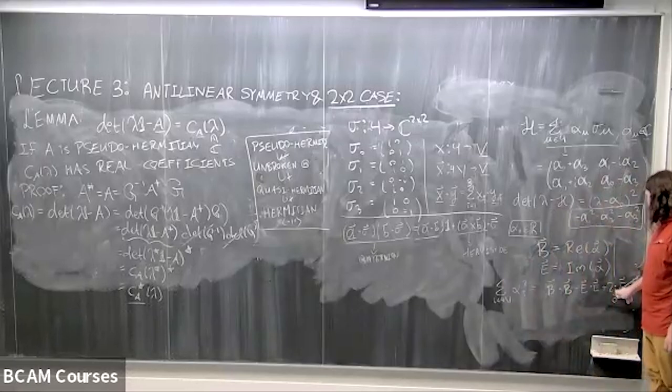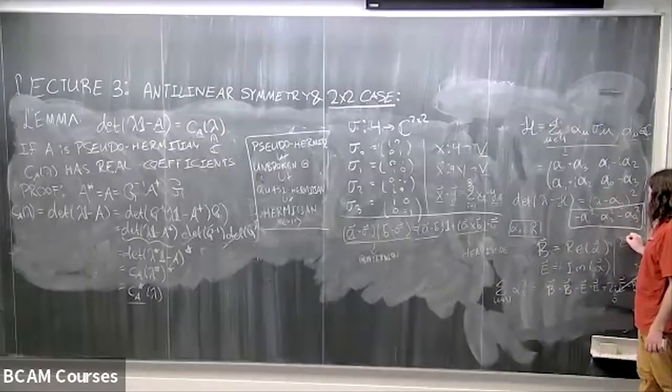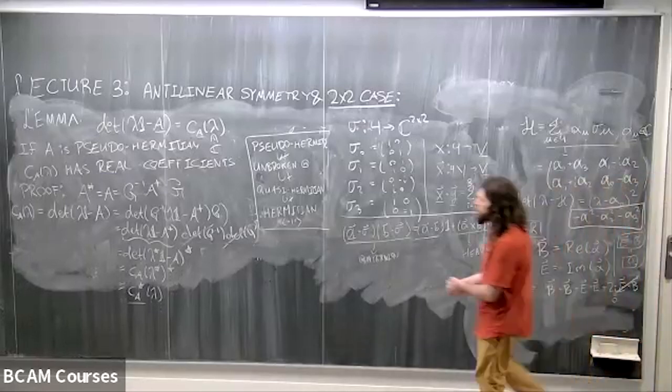If this imaginary term is there, you'd run into a problem. So the way that you can impose that this quantity is a real number is to have orthogonal electric and magnetic fields. So this constraint gives us a real characteristic polynomial.